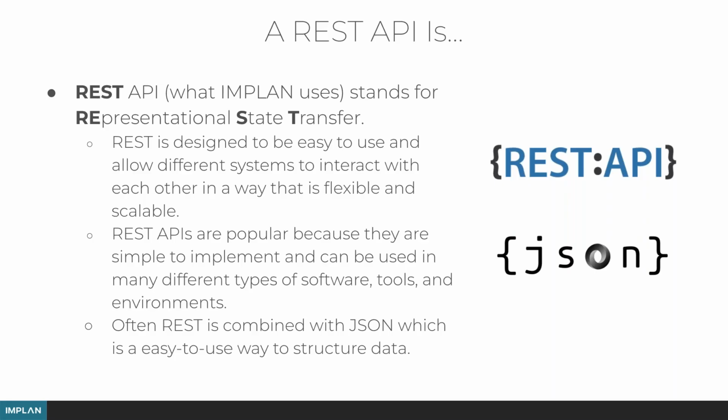They're really popular because they're very easy to implement and can be used, again, with any tools or environments out there today. And it's often combined with something called JSON, which is JavaScript Object Notation, even though it really doesn't have anything to do with JavaScript. But it's an easy way to structure data. It structures data in this key value pair type pattern that's very easy to parse.